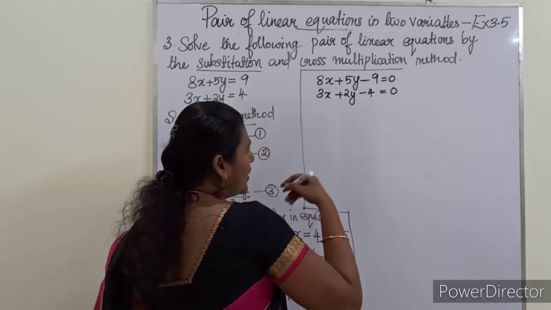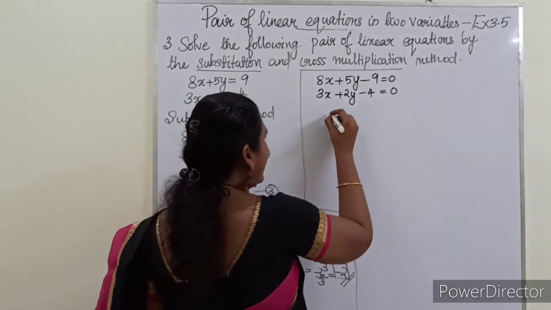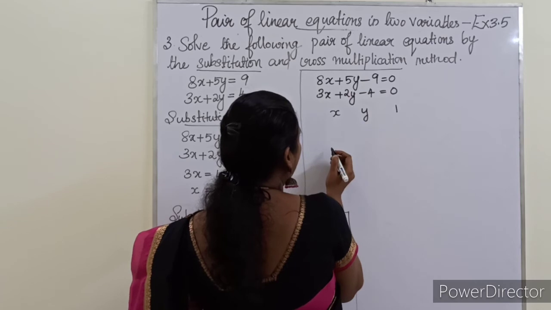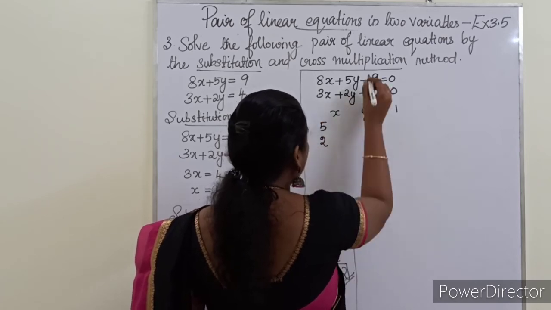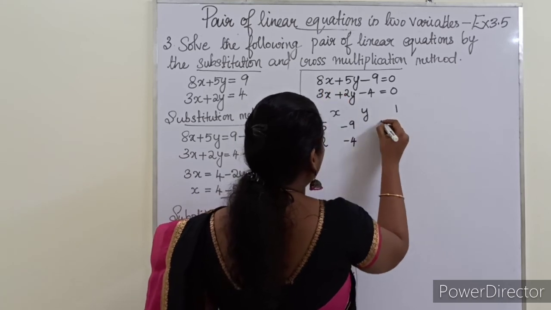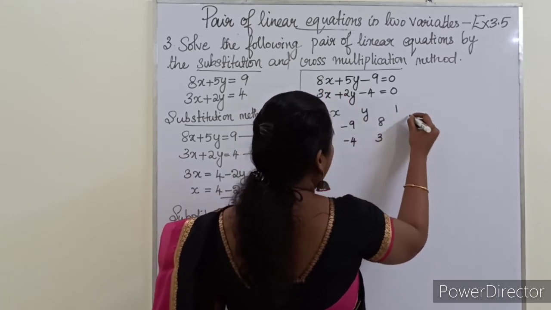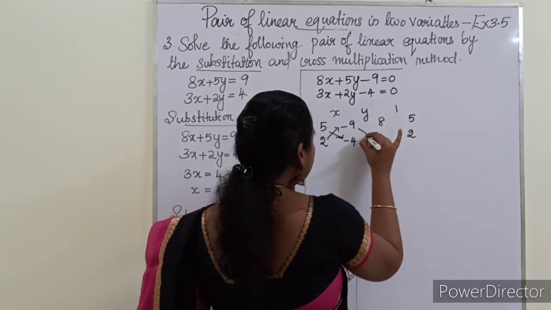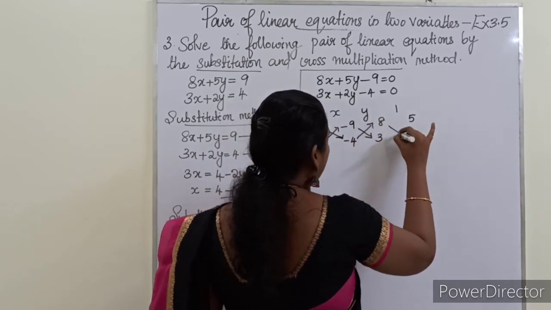Now we are going to draw the diagram, that is x, y, 1. We will start with the coefficients of y, that is 5, 2. Then the constant terms minus 9, minus 4. Then the coefficients of x, 8, 3. Again the coefficients of y, 5, 2. We will draw the arrow marks.